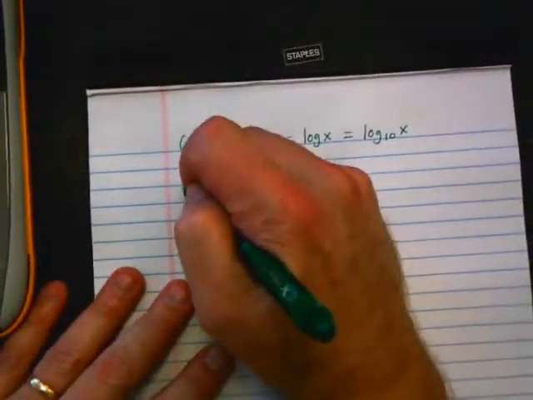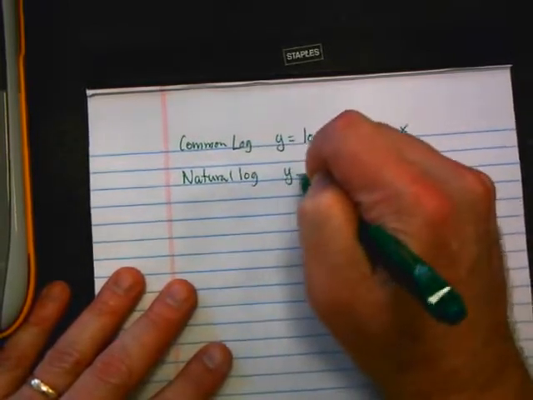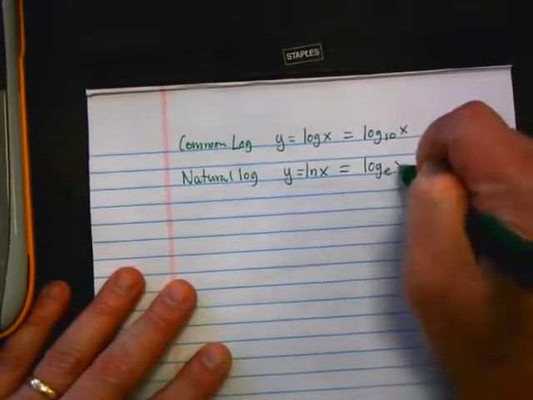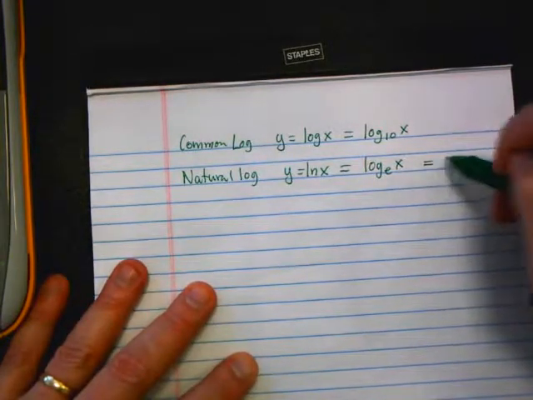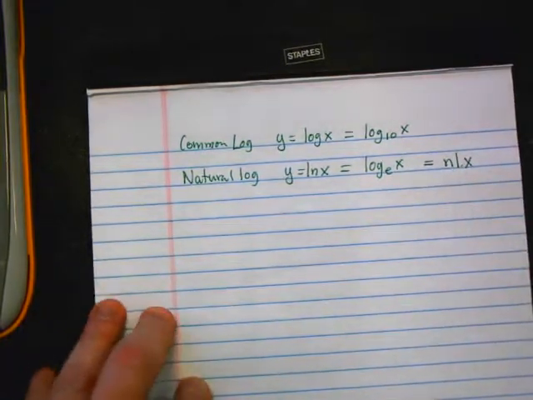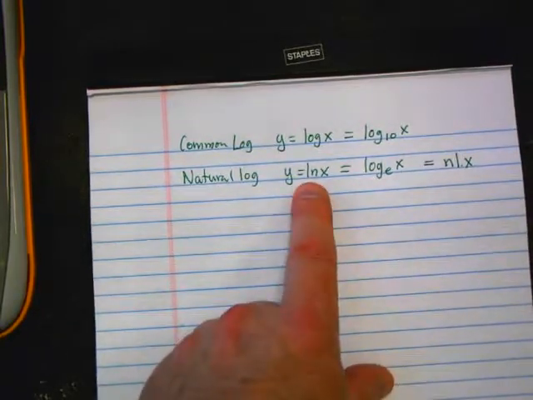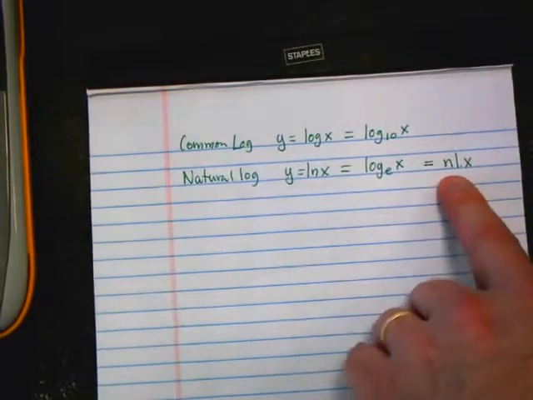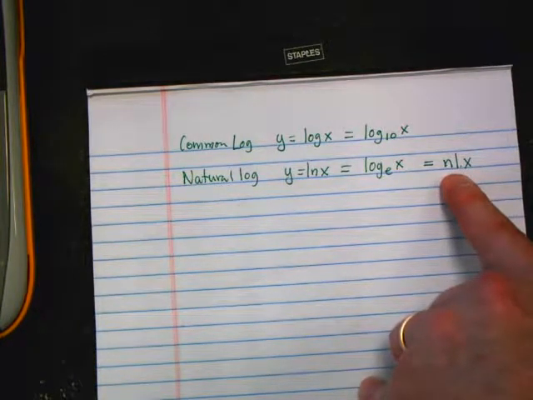Well, this is called the natural log. y equals ln x. It's an abbreviation for log base e of x. And if you read old math books, it was actually written as NL for natural logarithm. But somewhere along the way, somebody decided to change it to ln, so it looks like L for logarithm. I don't know why. But I haven't seen NL in a book in many years now.